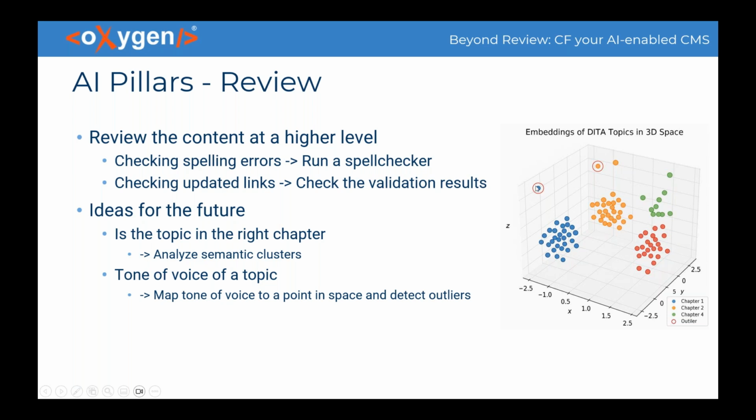And you will see that, for example, this circled blue dot should belong to this chapter, but is very far away. In some scenarios, it could be even in the middle of the orange beans. And this is also something that you would see just by looking at this graph.